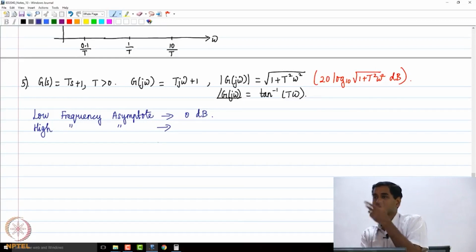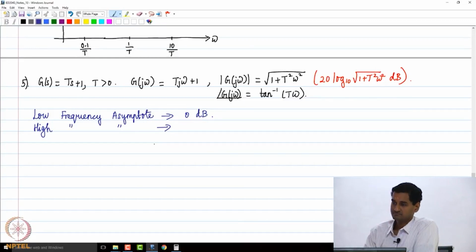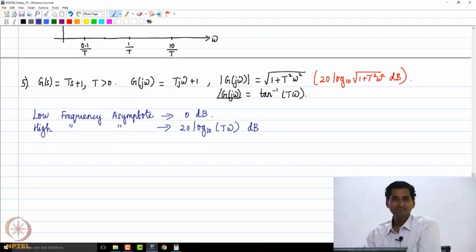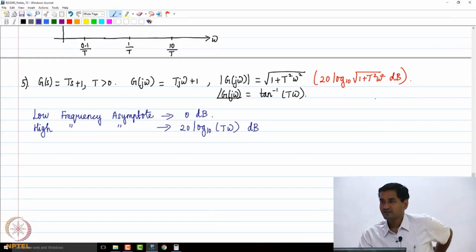As T omega becomes much larger than 1, it is going to be 20 log of T omega. What was minus 20 now became plus 20, same concept. When omega is much greater than 1 by capital T, 1 plus T squared omega squared can be approximated as T squared omega squared. Take the square root, you get T omega, so you get 20 log of T omega in decibels.